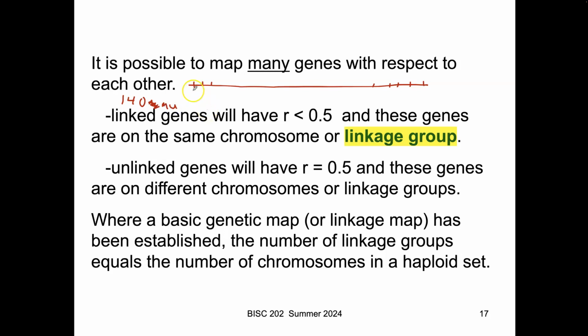And so you don't do this across the whole chromosome, but what you do is you map little regions, and then you map some other regions that overlap that, and then you map other ones that overlap with that. So I've done 3 genes here, and I've done 3 genes here, and I've done 3 genes here, and maybe I've mapped 3 genes here, and so on.